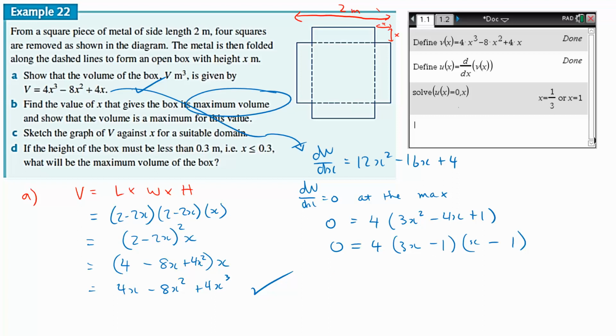So now using null factor law, 4 times something has to equal 0, so either this is equal to 0 or that's equal to 0. If 3x minus 1 equals 0, then 3x equals 1, x equals 1/3. Or x minus 1 is equal to 0, x equals 1. Which is exactly what I got up there.